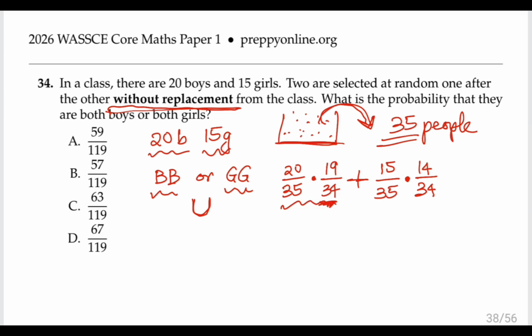So how do we calculate this number? 20 over 35 times 19 over 34 plus 15 over 35 times 14 over 34. We can try to cancel. 5 cancels 20, gives 4. 5 cancels 35, that gives 7. 5 cancels 15, gives 3, and 5 cancels 35, gives 7. And then we can try to cancel further.